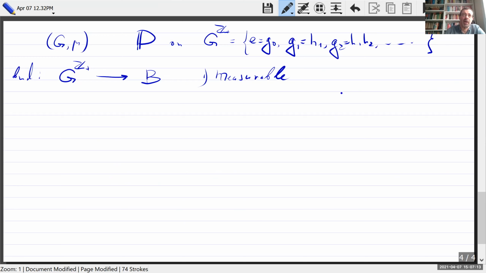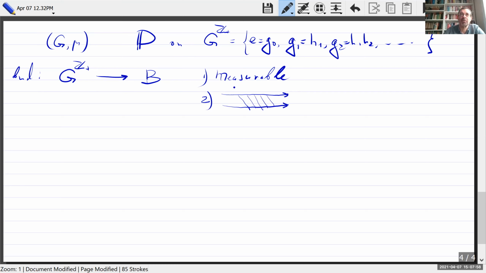And second, I want this map to be describing behavior at infinity in the weakest possible sense. Here, I just want this map to satisfy the following property, which is enjoyed by the usual limit map. So if I have two sample paths, or one can just say if I have two sequences, such that one sequence starting from a certain point coincides with the other sequence up to maybe a shift.